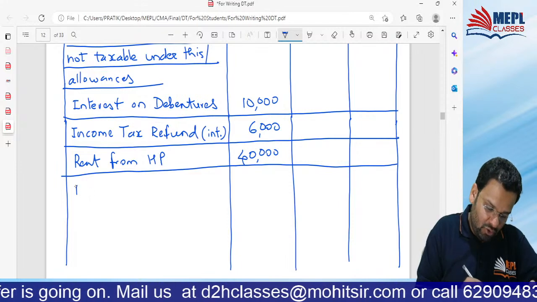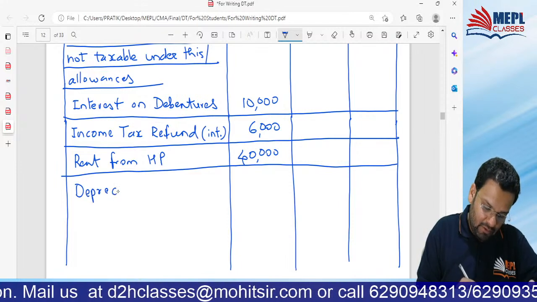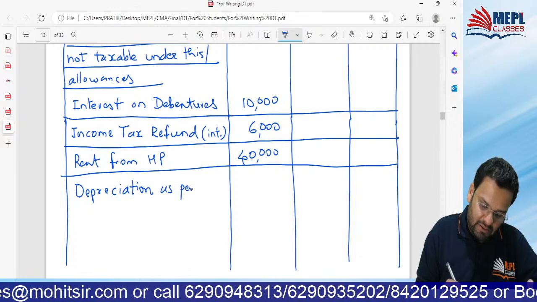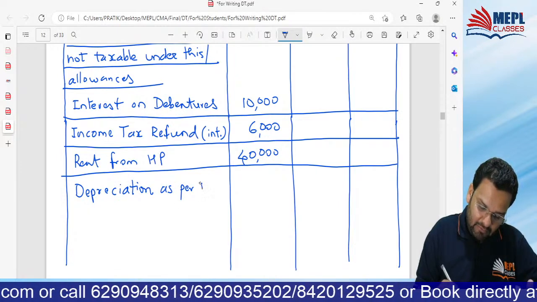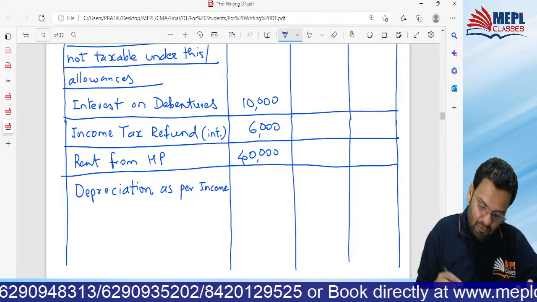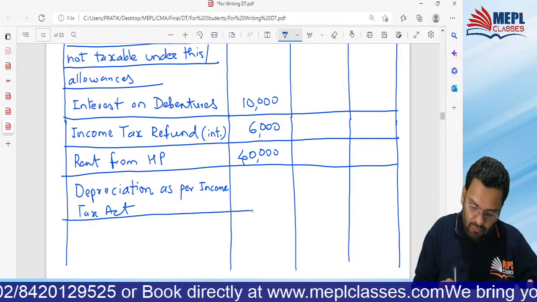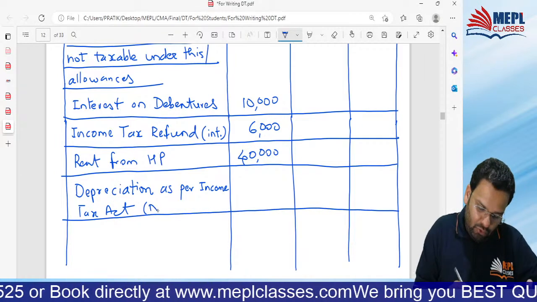Apart from this, you have to calculate depreciation as per Income Tax Act, which we will have to calculate by way of note.